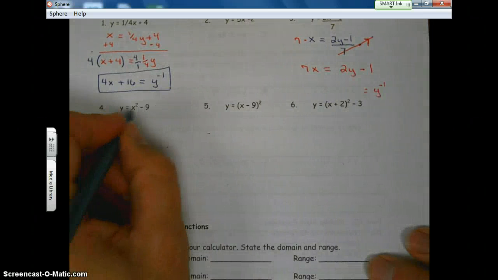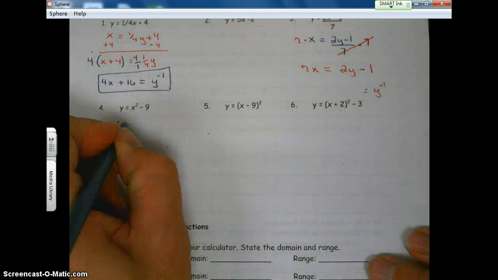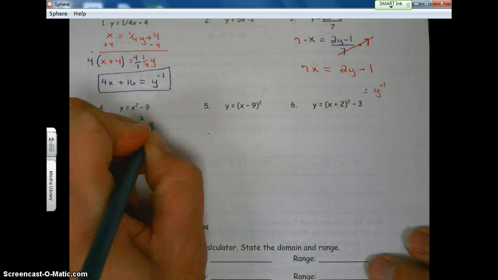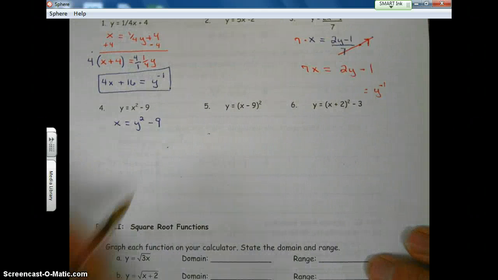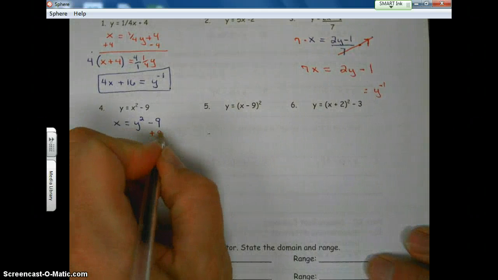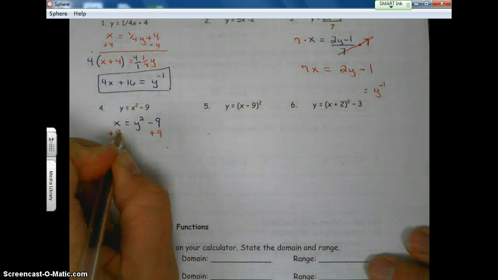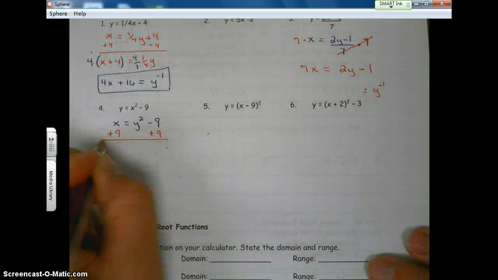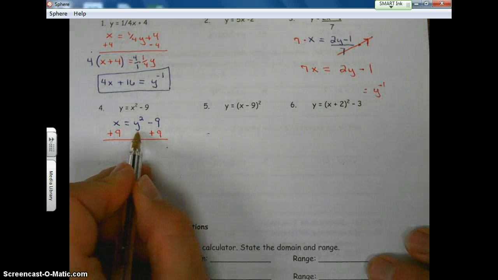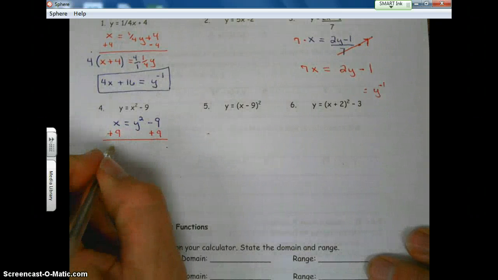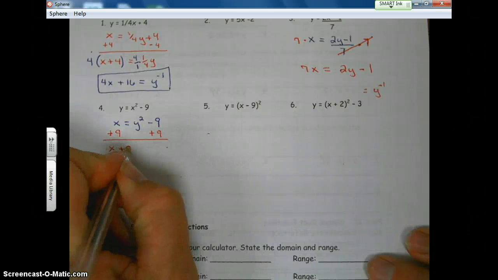Again, we switch the x and the y. And then we solve for y. Remember, solving means to isolate the letter that you're trying to find to solve for. Okay? So we have x plus 9.